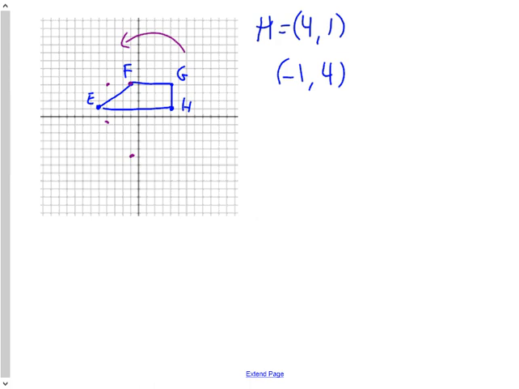What do you know? F and H prime happen to be the same point. That's all right. It should look the same shape, different orientation. There should be congruent shapes to each other. We're not going to check that. Moving on.